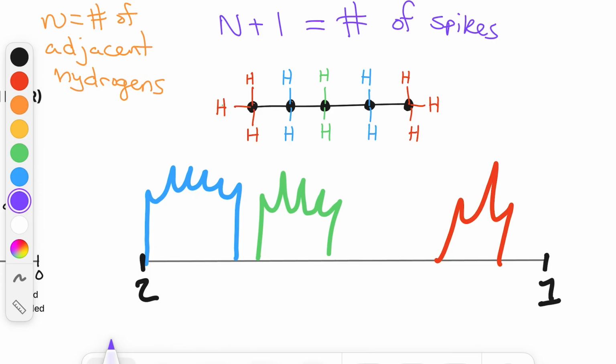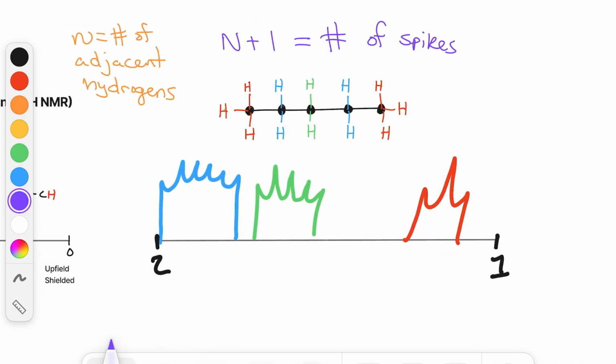The last thing we need to go over is called the integration number. Let me step back a little bit. The number of spikes tells you about the neighbors. Just to recall, the number of spikes tells us how many hydrogen neighbors there are.